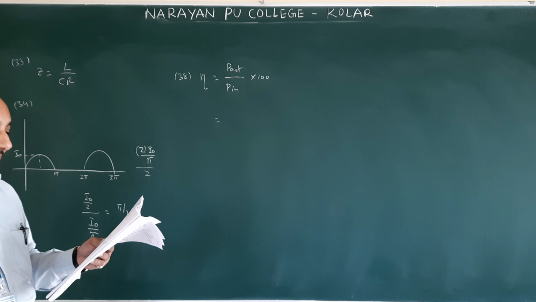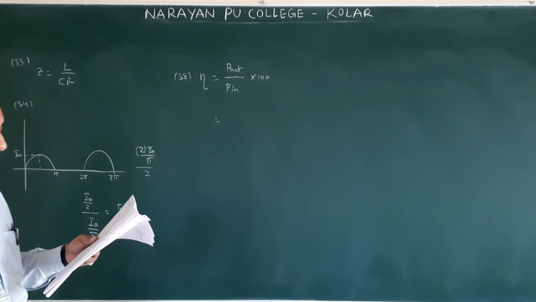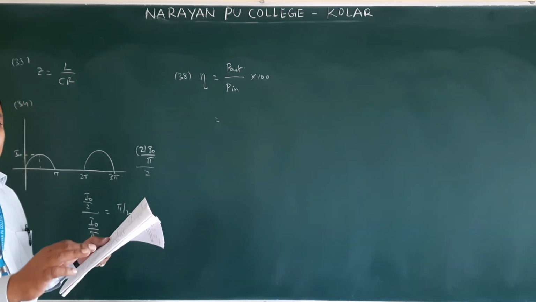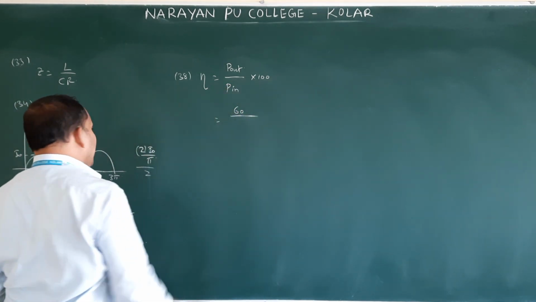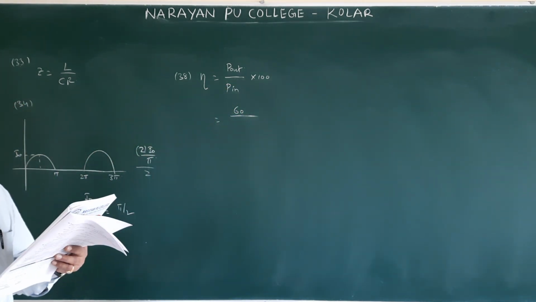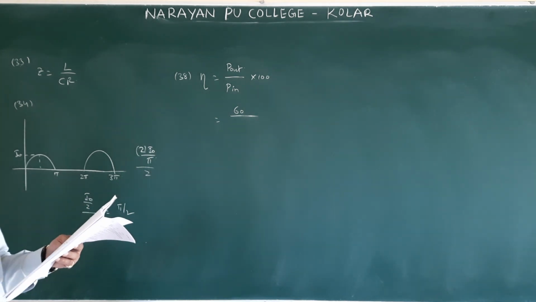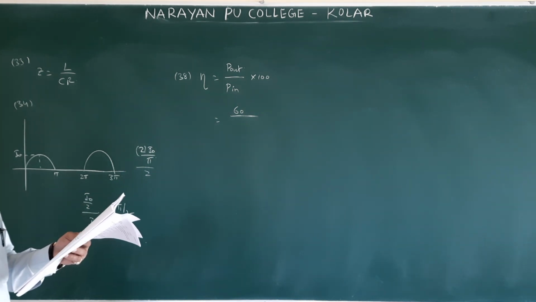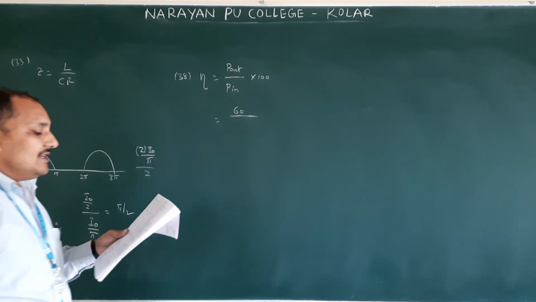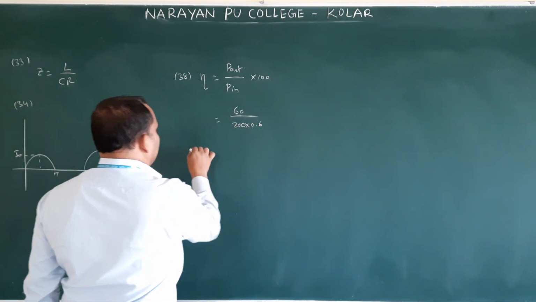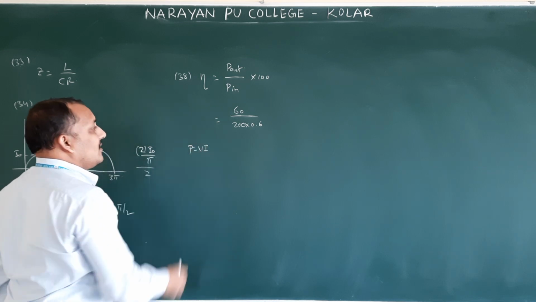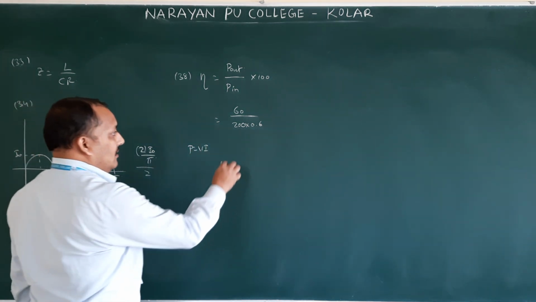Output power is 60 watts. Input power they didn't give, just voltage and current value. Voltage 200, current 0.6. Therefore 200 into 0.6, because power is equal to voltage into current.